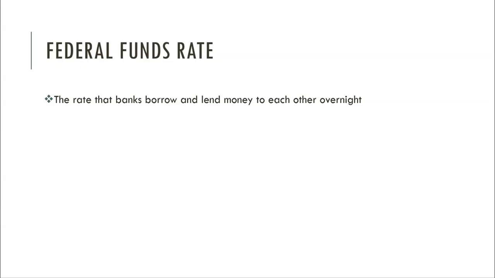So if I am a bank and I'm going to be making a loan, say I'm going to give a customer a $1,000 loan, and the federal funds rate is 2%, I'm going to charge 2% plus some real rate that I'm trying to earn, right, of 3%, plus whatever I expect inflation to be.